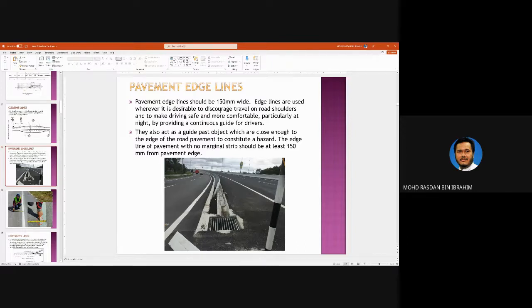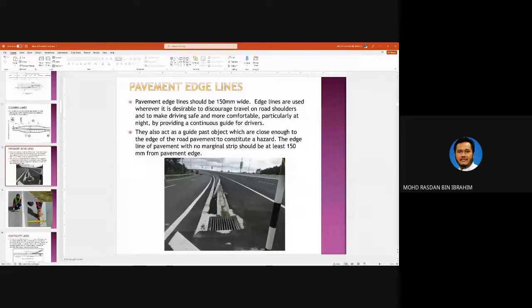It is used to discourage travel on road shoulders and make driving safe and comfortable. They also act as a passive object which is close enough to the edge of the road pavement to constitute a hazard, meaning that you can see it at the corner of your eyes, so that you can estimate the distance of your vehicle to the edge of the pavement.